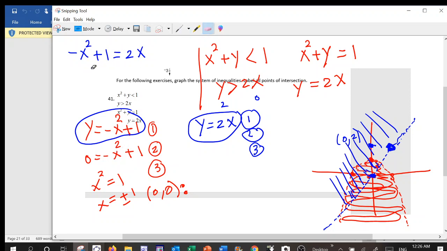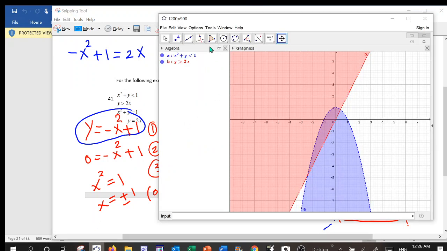The intersection of these two would be, let me find the intersection right here. Would the intersection be of that one and this one? Well, it doesn't find it because I put them in the form of inequalities.